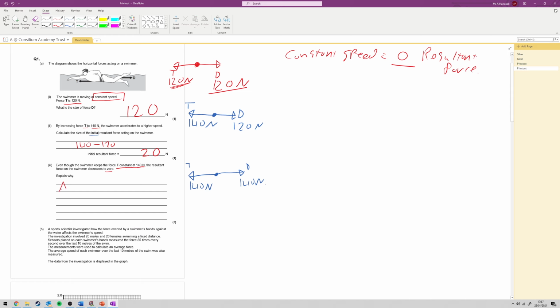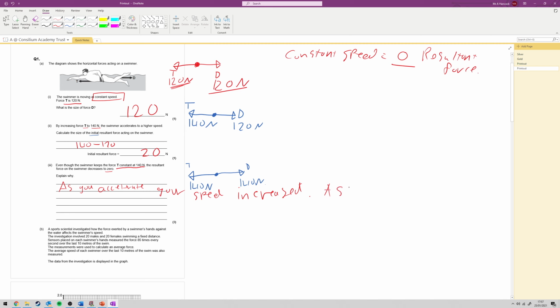So, as you accelerate, your speed increases. Yeah, so your speed goes up.